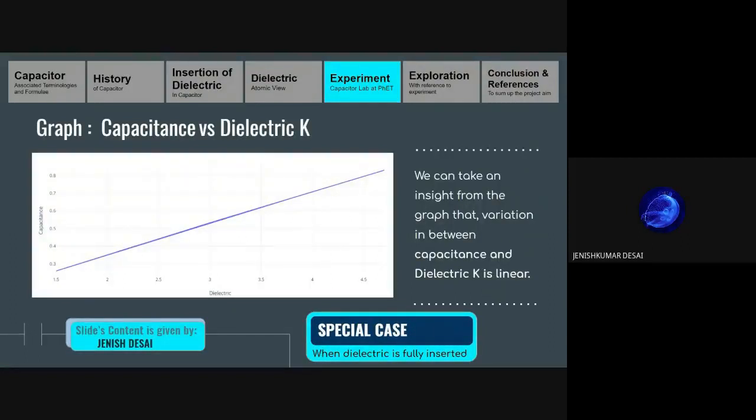Here is a graph of capacitance versus dielectric constant K. We can take an insight from the graph that the variation between capacitance and dielectric K is linear.